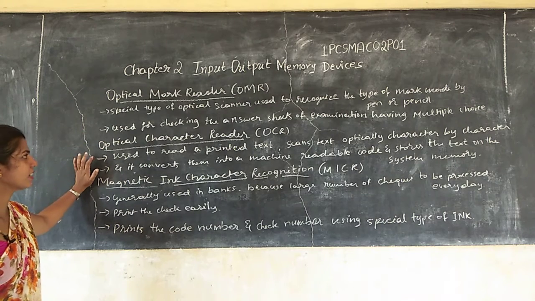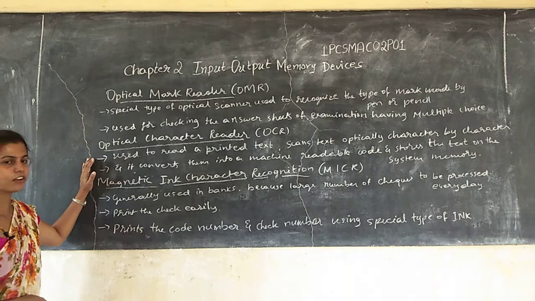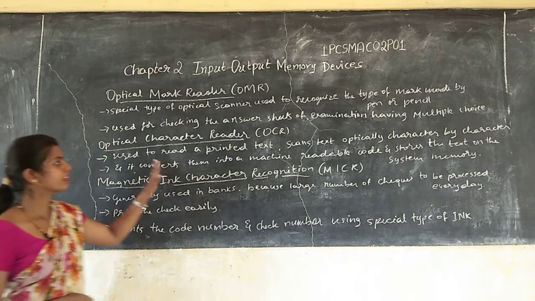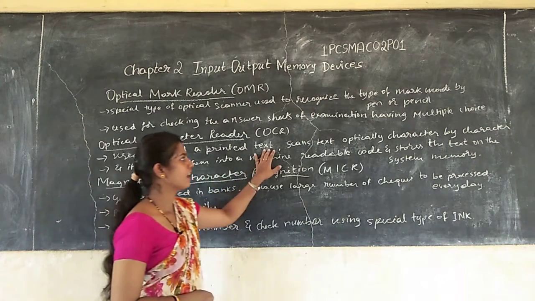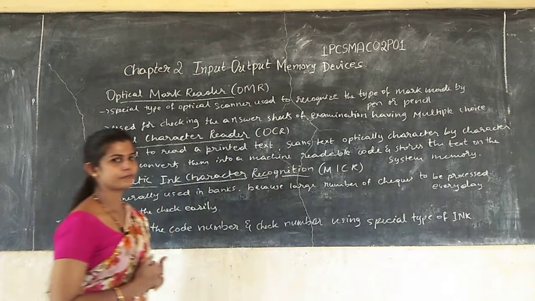Next is the optical character reader, or OCR. It is used to read printed text and scans the text optically, character by character.